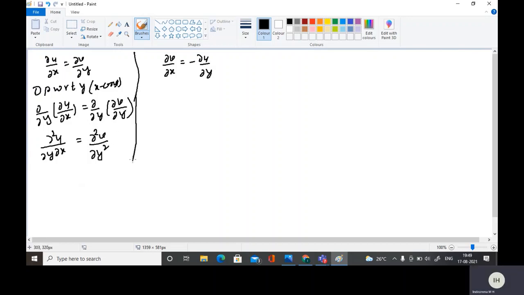Next, you differentiate this partially with respect to x, keeping y constant.